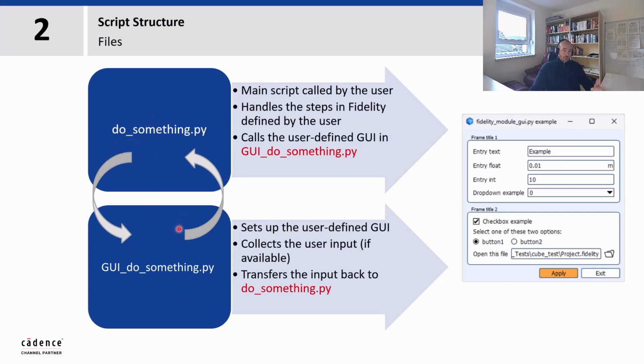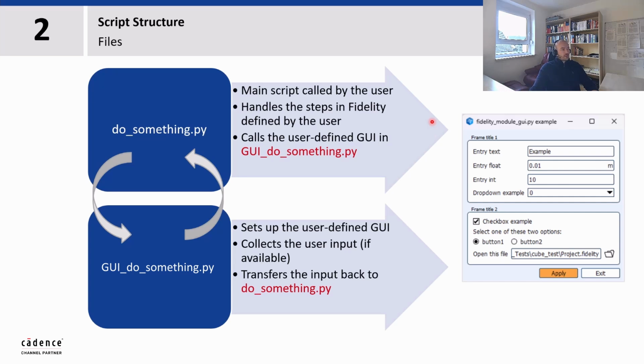But the script, which I will explain in more detail in a minute, that holds or sets up the user interface, has the GUI in front of it in the name. So what are these scripts doing? Essentially, we have this script right here, which is also selected by the user when he launches it in Fidelity.